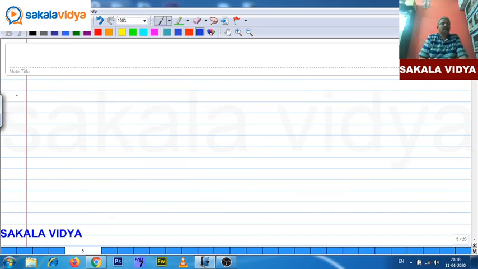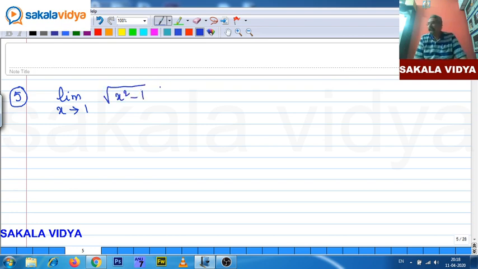Fifth question. Limit x tends to 1, root of x square minus 1 plus root of x minus 1 upon root of x square plus 1 equals to.